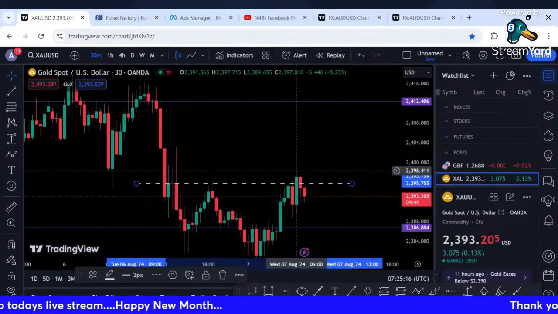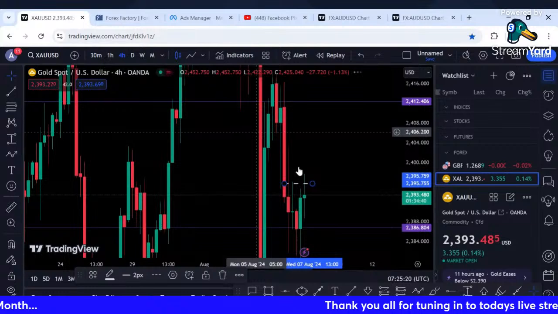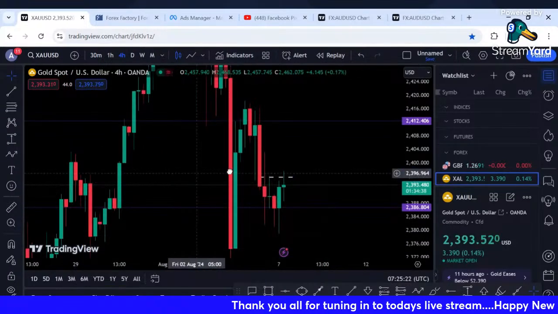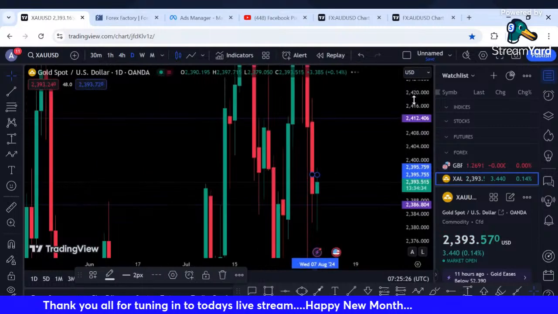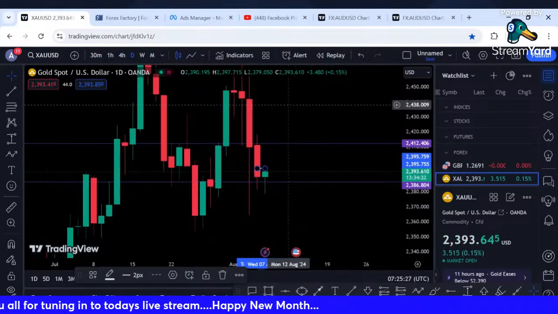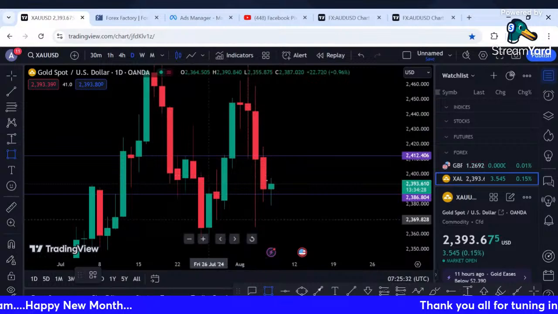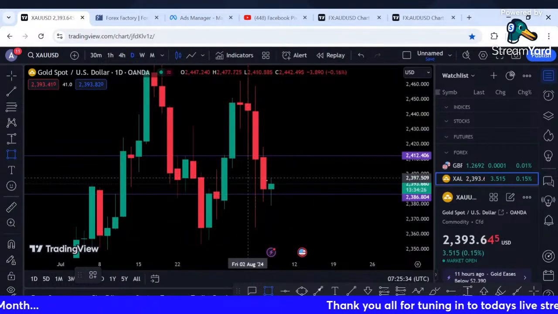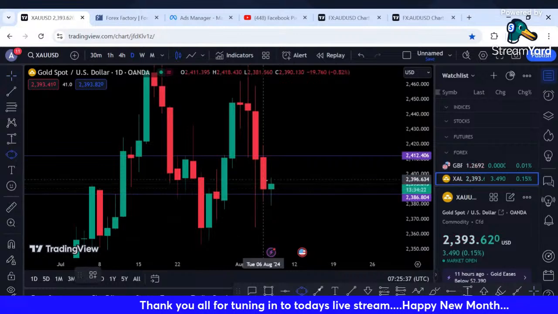So if gold flips bullish, it will be a nice buy, because on the daily time frame, it has retested a key area. It has broken out and retested on the daily time frame.